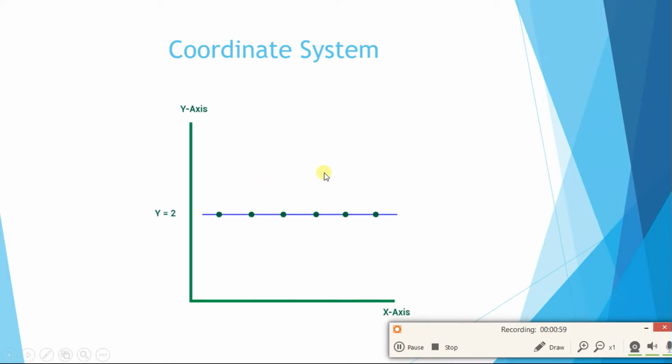But you can see there is not much variation in the y-axis. The points only vary in the x-axis. So we can say the y position component of these points does not carry much information. Only the x component tells in which direction the points are going, meaning in which direction the variation is.